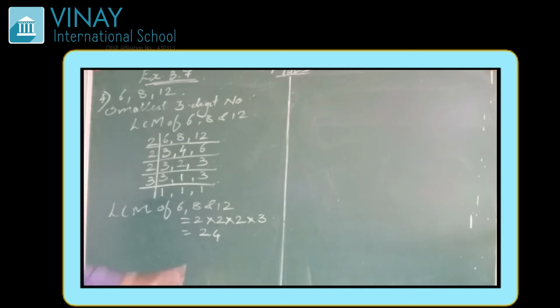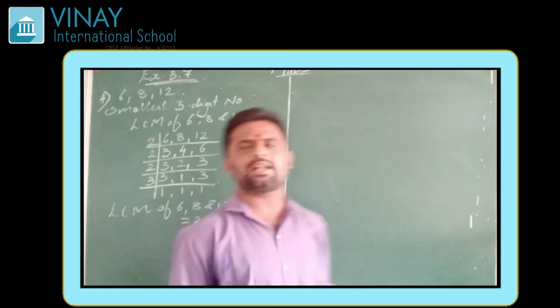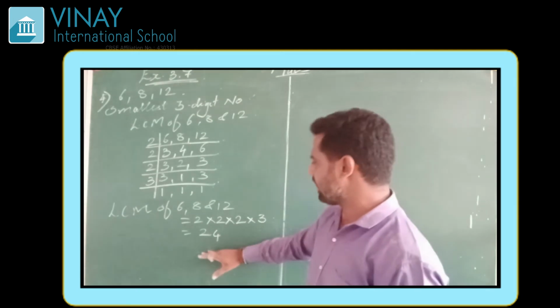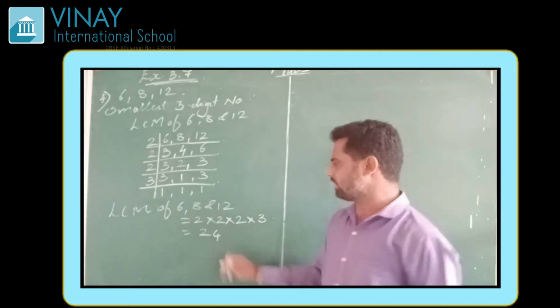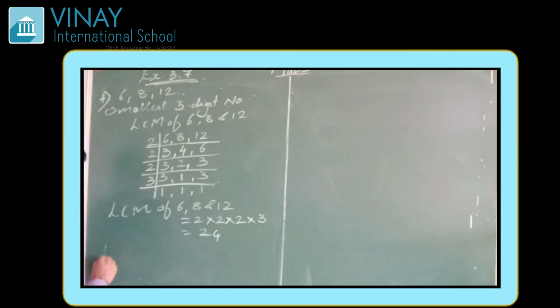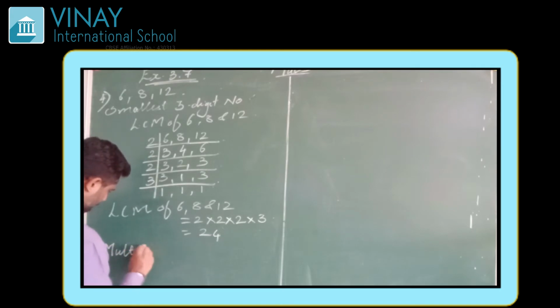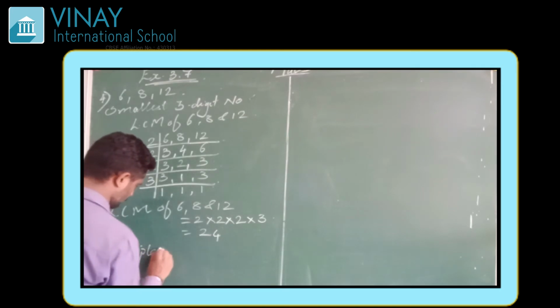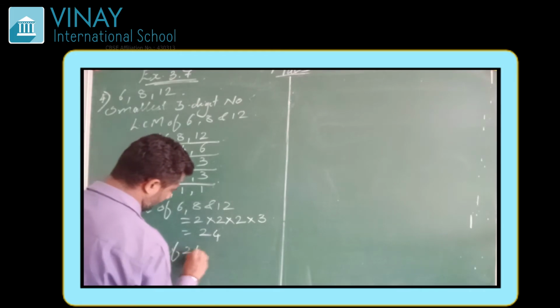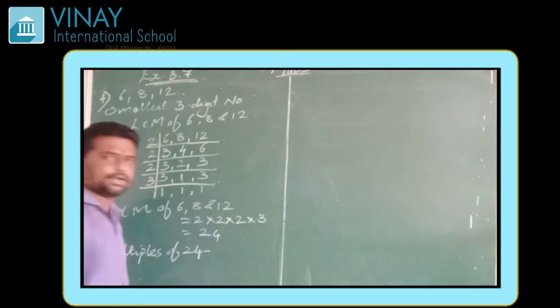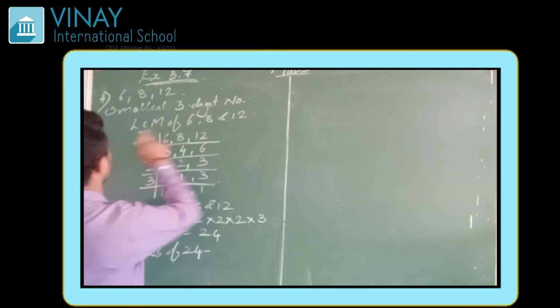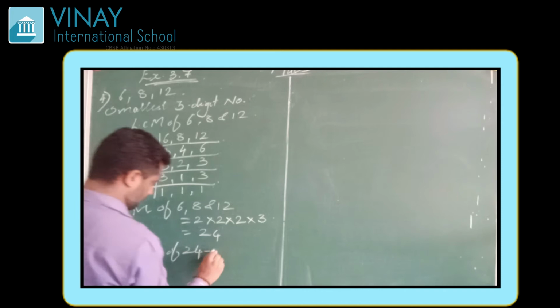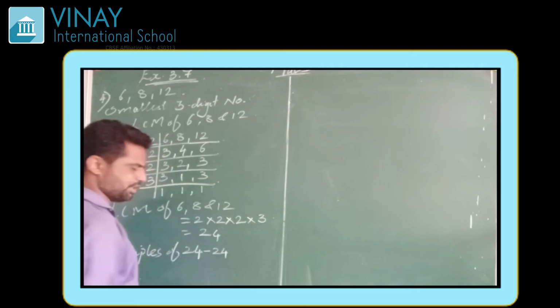Now we have to find out the smallest 3-digit number, means we have to find out the multiples of 24 till it will be a 3-digit number. So the multiples of 24 are: 24, it is a 2-digit number.